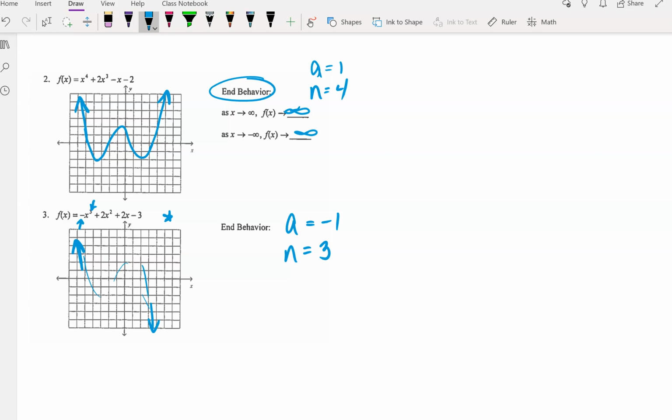Okay, so when we talk about end behavior, we have as x approaches infinity, your f of x is going to go to negative infinity. And as x approaches negative infinity, f of x will go to infinity.